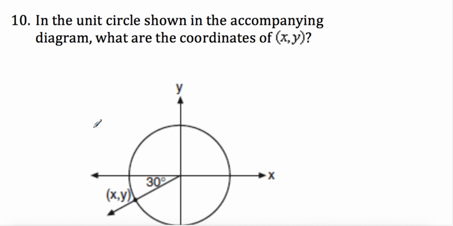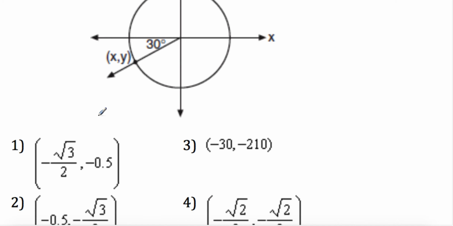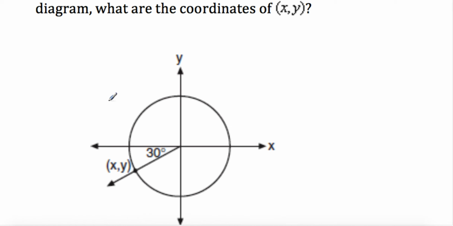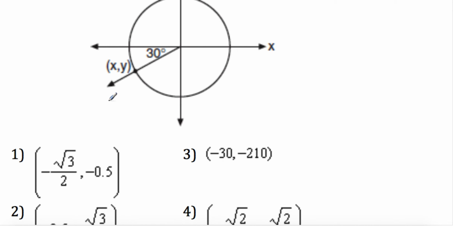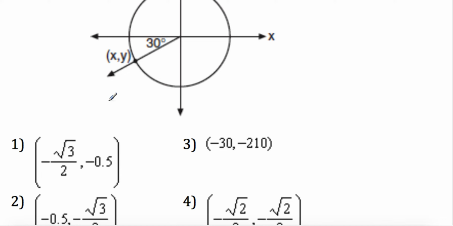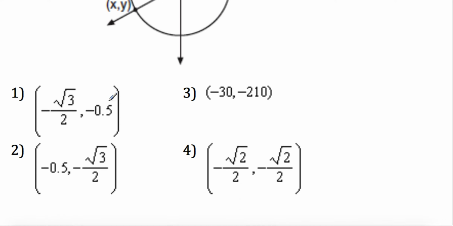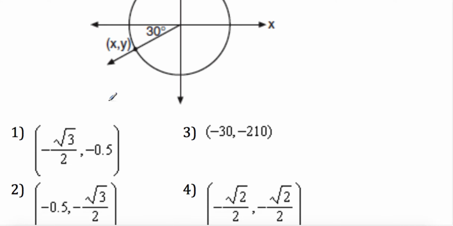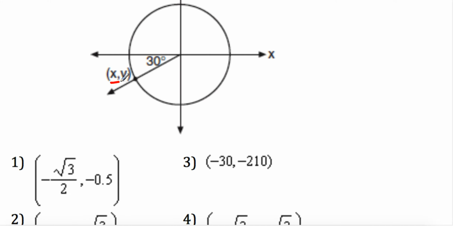All right. What is the coordinate of this point x comma y? Since it's on the third quadrant, x and y values are all negative. Now, what is the x value? X value deals with the cosine. So we get negative cosine of 30 degrees.